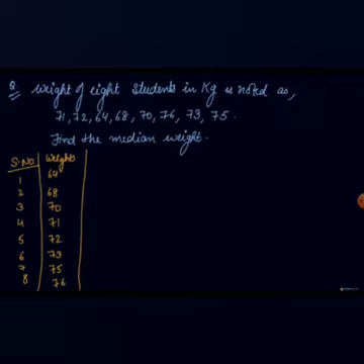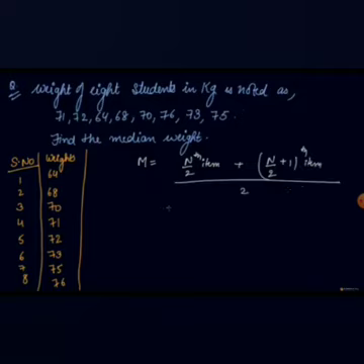When it's an even series, you have this formula, that is the (n divided by 2)th item plus the (n divided by 2 plus 1)th item, divided by 2.